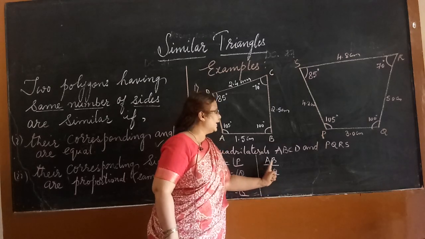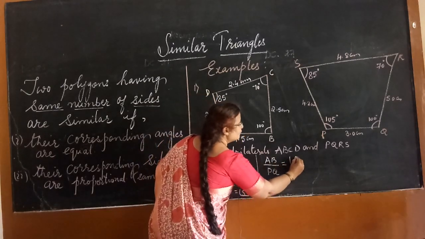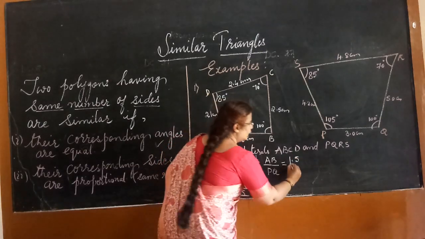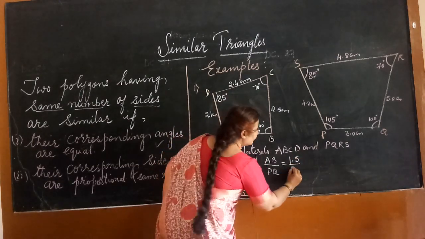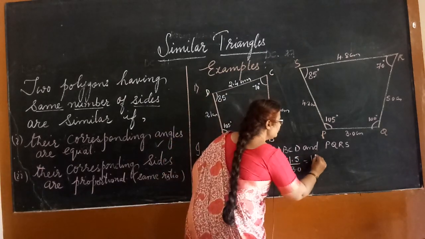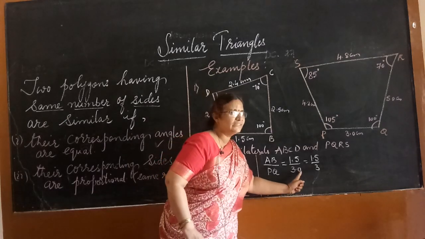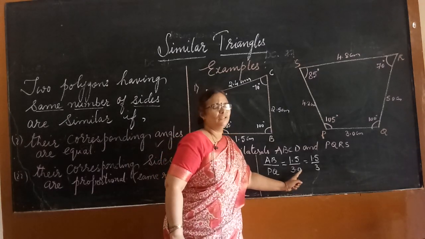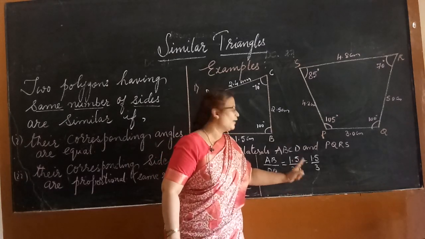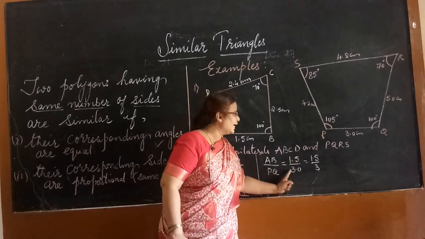Its ratio is AB by PQ. What is the length of AB? 1.5. Length of PQ is 3.0, which is nothing but 1.5 by 3. Why did I ignore the 0? In 3.0, this 0 does not have any value as a decimal digit, so I can consider it only as 3.